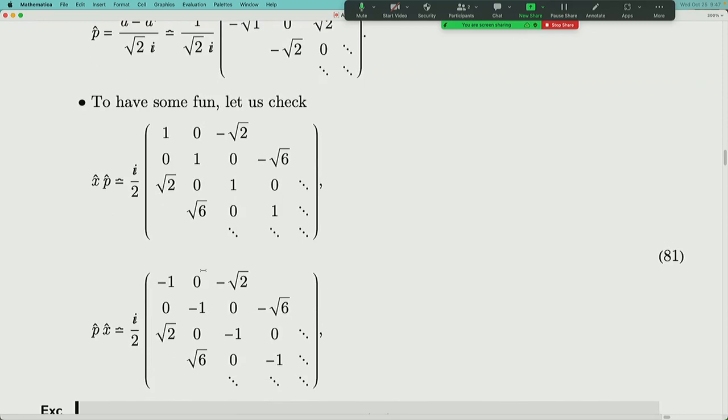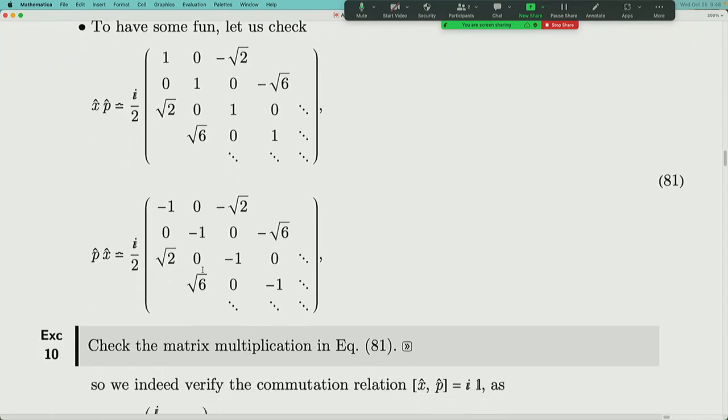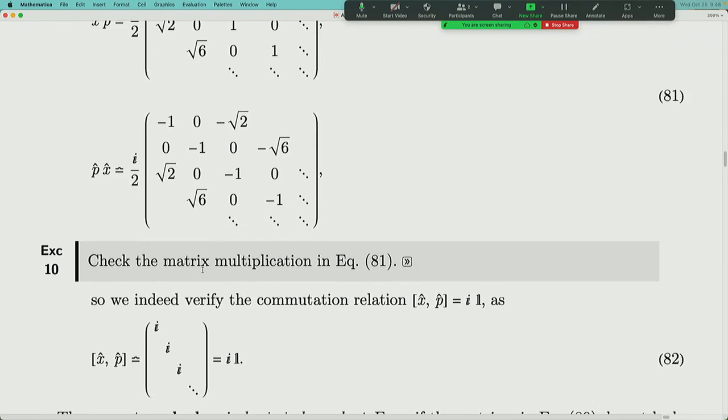And then given that form, one can show that if you take the subtraction, xp minus px, what is left over is on the diagonal. And what is on the diagonal is just a bunch of ones, which correspond to the identity operator. So in that way, you can really verify the commutation relation: the xp commutator is actually a bunch of ones multiplied by an overall factor i.